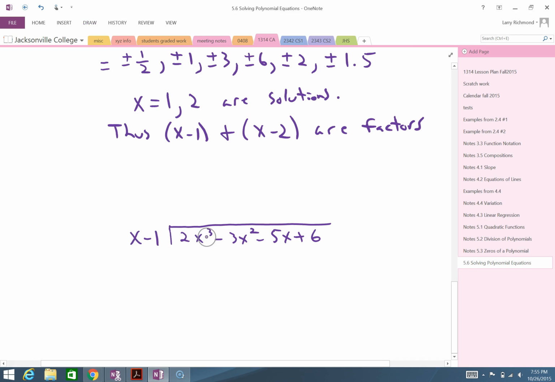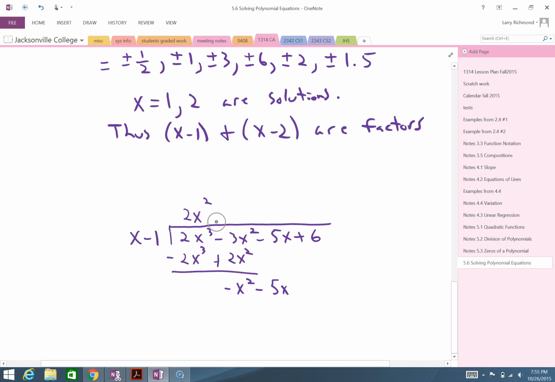X goes into 2x cubed, 2x squared times. 2x squared times x is a 2x cubed. 2x squared times minus 1 is a minus 2x squared. Change, add. This becomes negative x squared minus 5x.